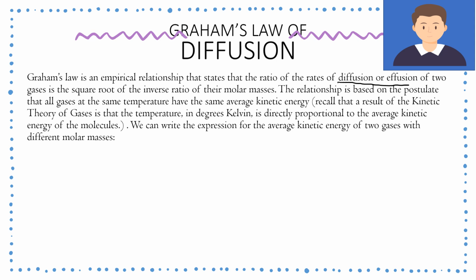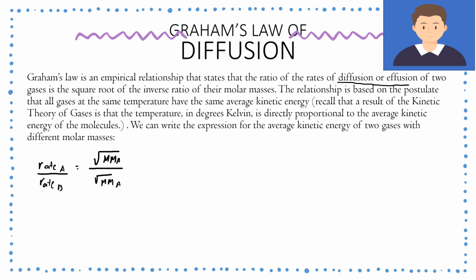We have the rate of diffusion or effusion of gas A is equal to the inverse of the square root of the molar mass, that is, the square root of the molar mass of gas A. If we relate that to the rate of diffusion or effusion of gas B, it's also the inverse of its molecular mass.